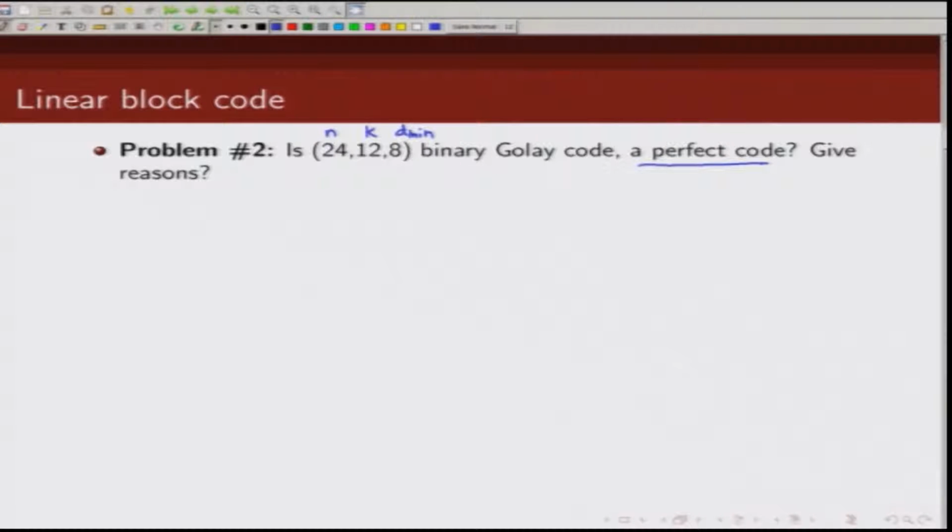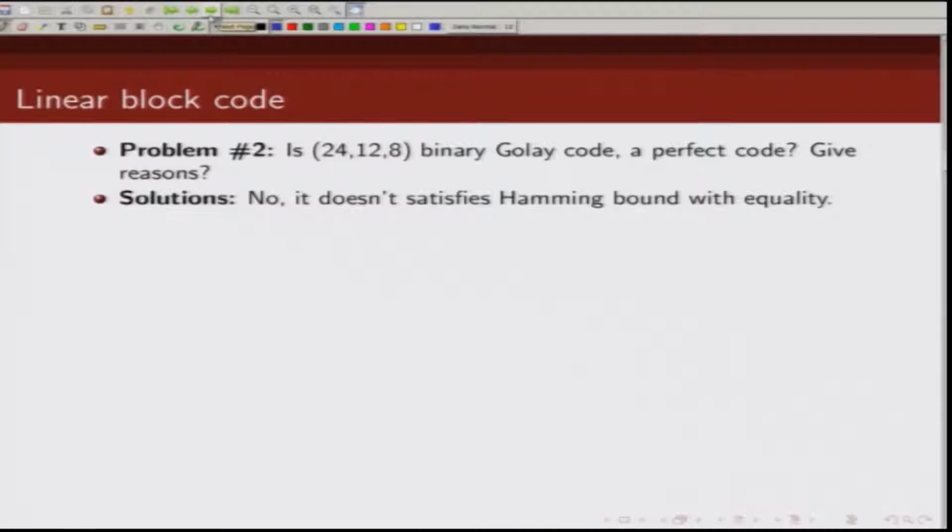A code that satisfies the Hamming bound with equality is a perfect code. So, we have to check whether this code satisfies the Hamming bound with equality. The answer to this question is no, and we will come to that in a minute. It does not satisfy the Hamming bound with equality.